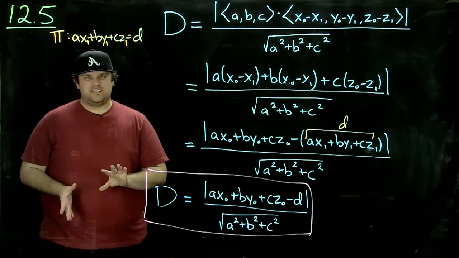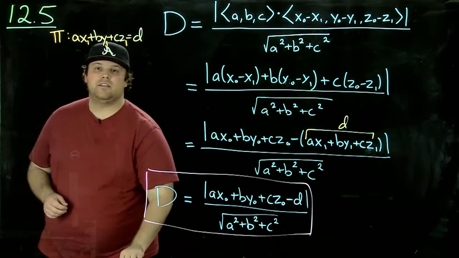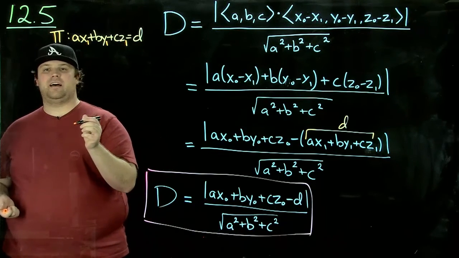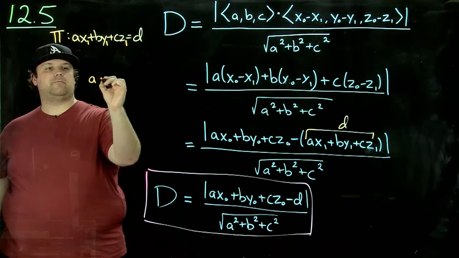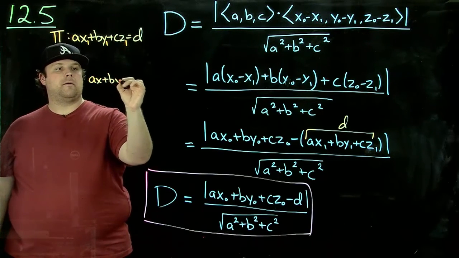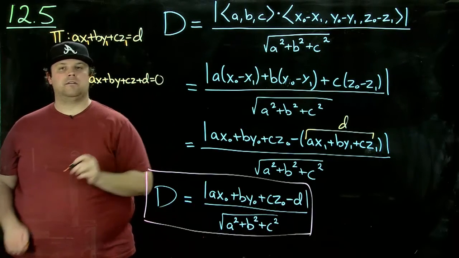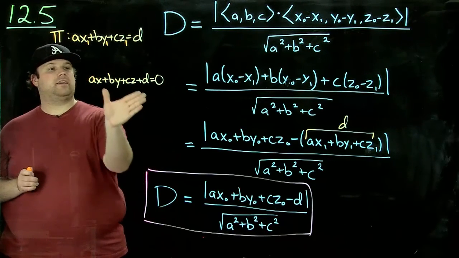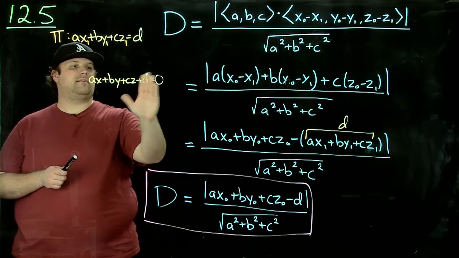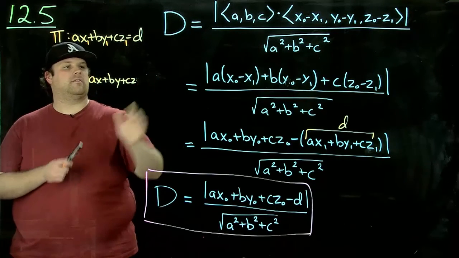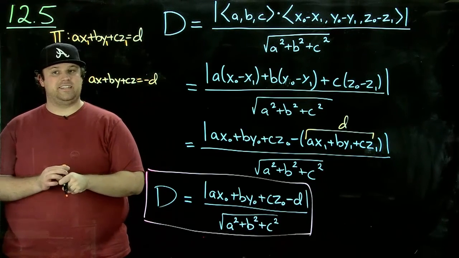I think this does look slightly different from the one in the book. The one in the book might have instead the equation of the plane written like this. Right? So if you write the equation of the plane like this, then of course that means this comes over as a minus d.